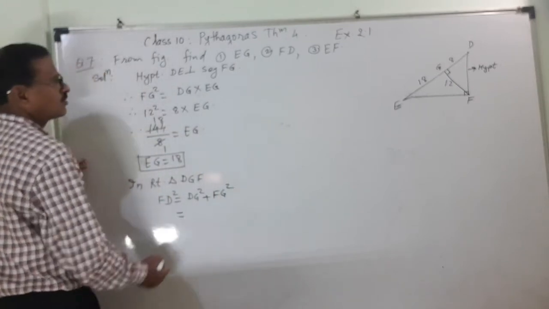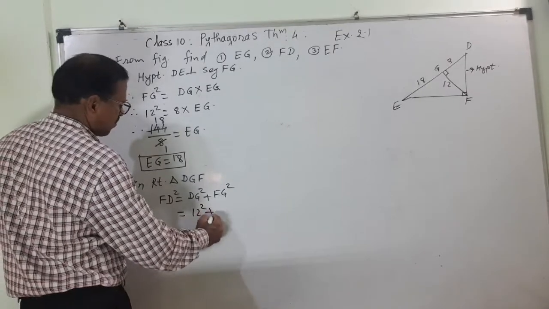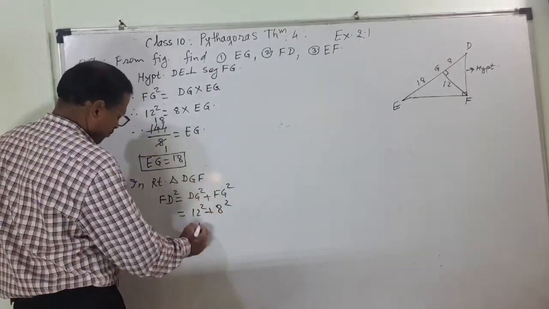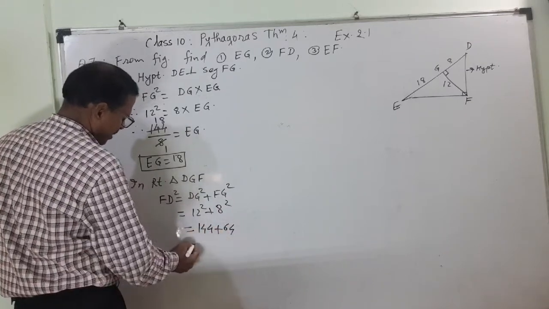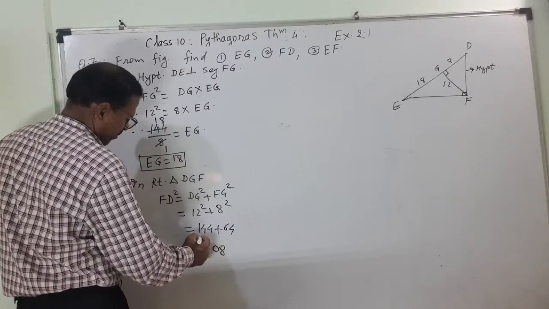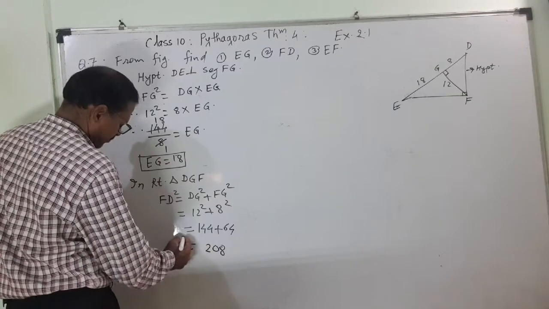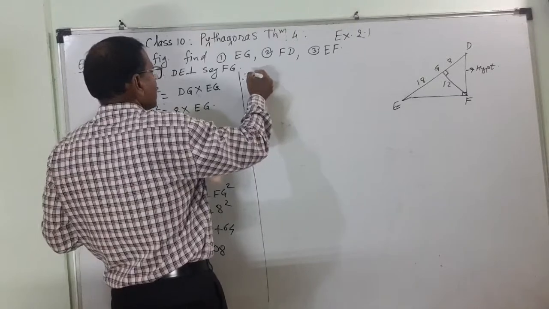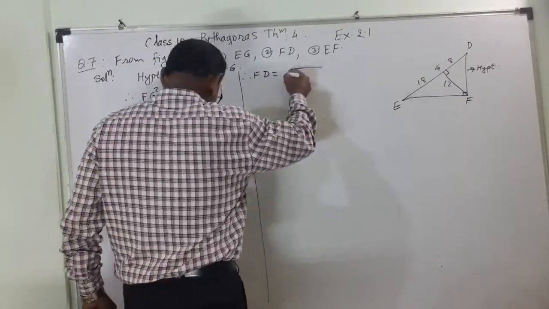That is equal to DG is 12, 12 square plus FG is 8, 8 square. So that is equal to 144 plus 64, that is equal to 208. This is FD square. Therefore, FD is equal to under root of 208.